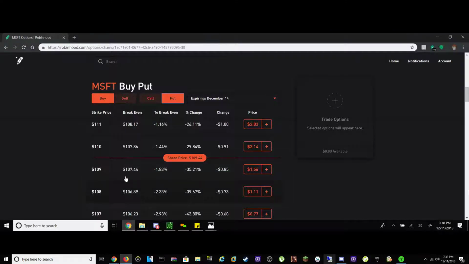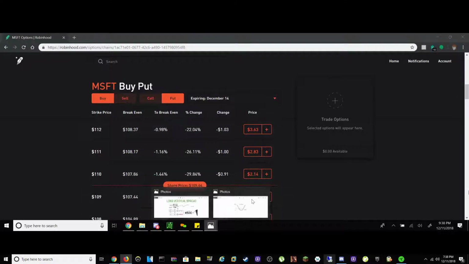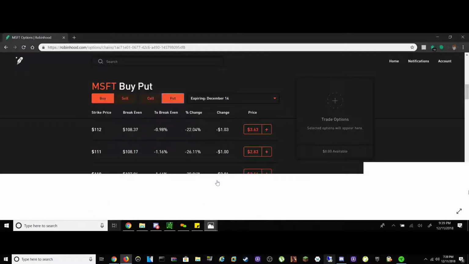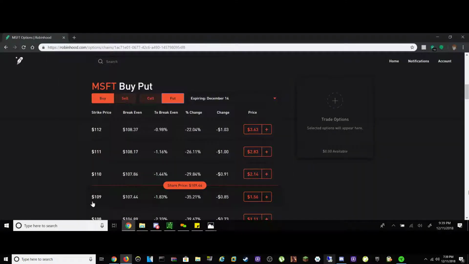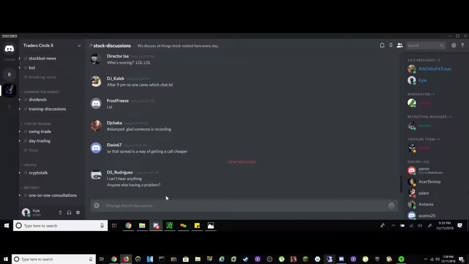Let's just say I buy a put and a call at a different strike price, how is this different from... I'm sorry, I scrolled too far. Okay, you buy it at the same strike price. Don't listen to me. I was reading the strangle. I'm sorry. My bad, guys.